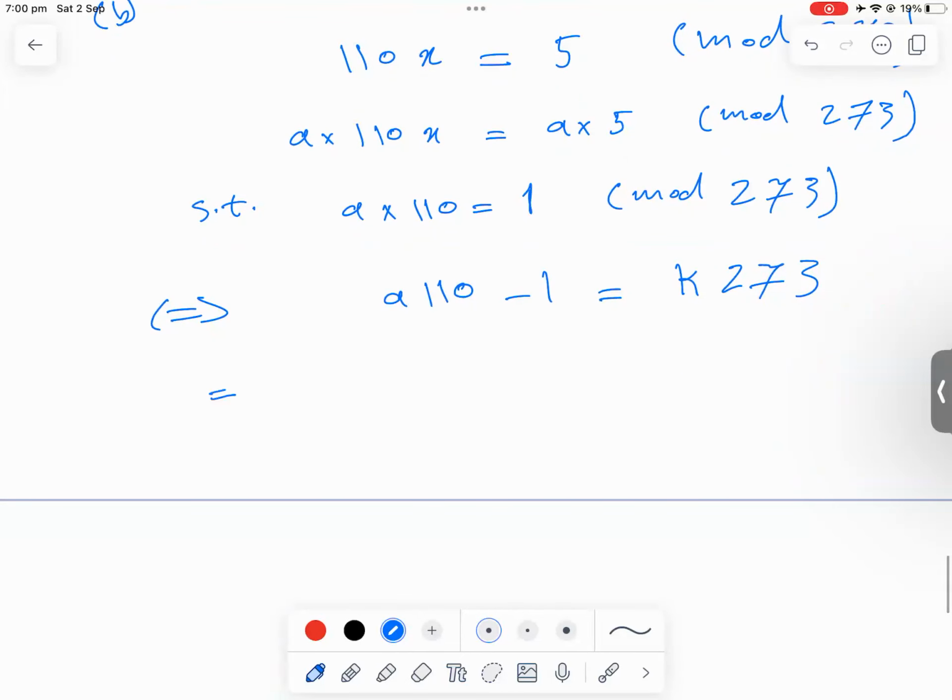So in other words, a times 110 minus k times 273 is equal to 1. So I want to get this one.